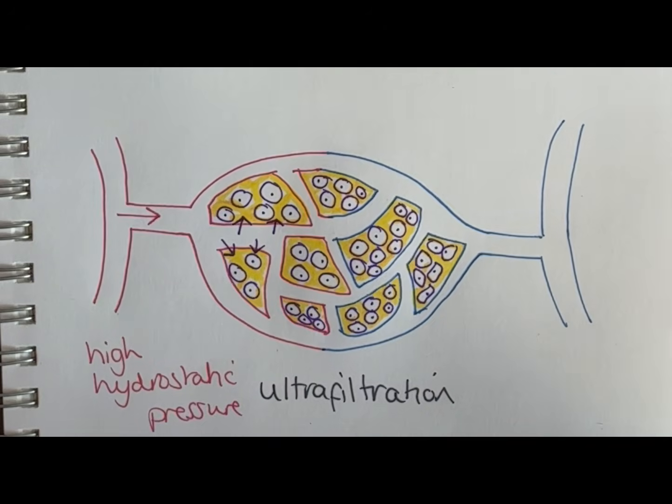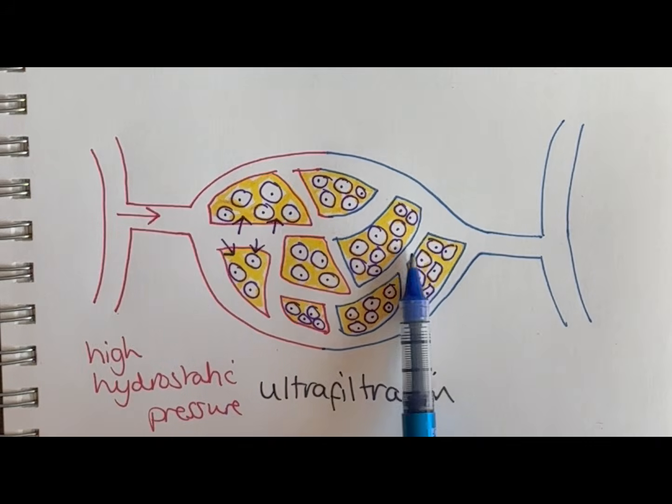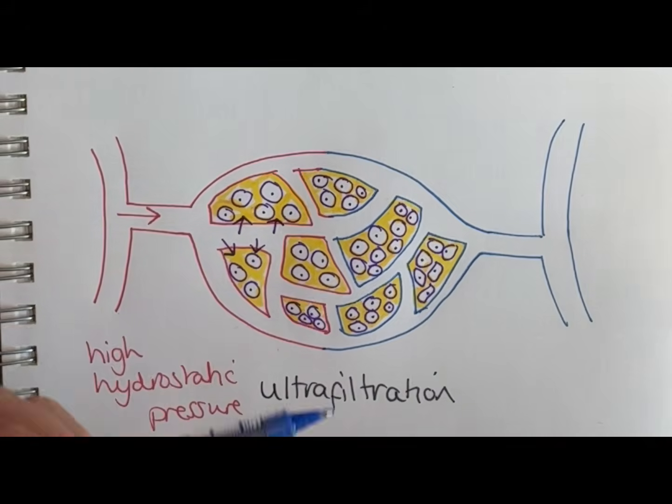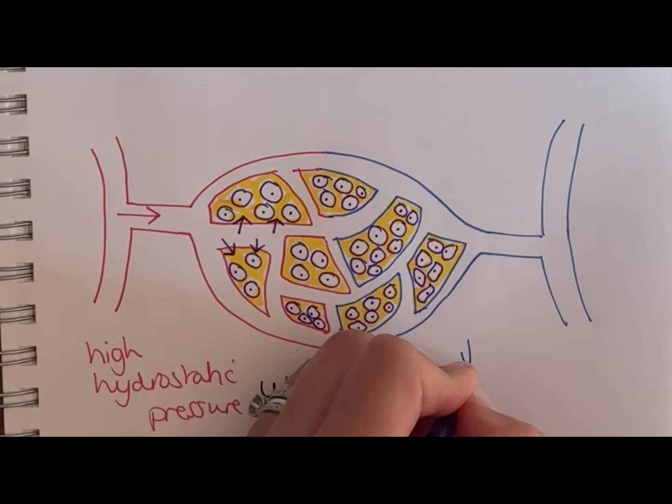We also need to consider the other end of the capillary bed. And as blood travels through this capillary bed, the hydrostatic pressure reduces because we're getting further away from the heart and some water has been lost from the capillaries into the tissue fluid, reducing that hydrostatic pressure.